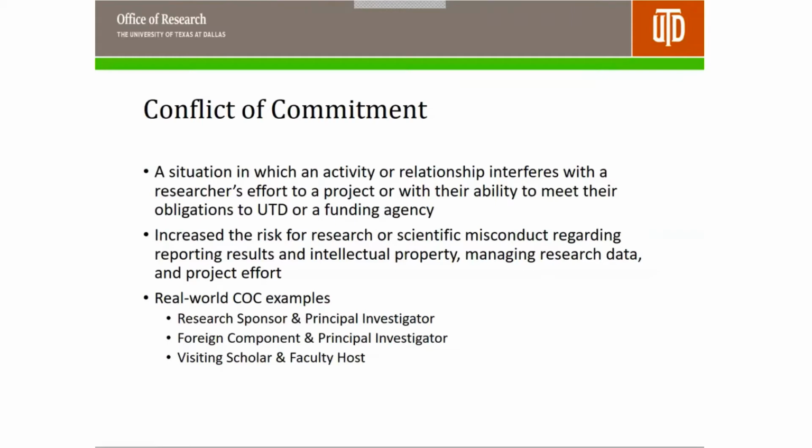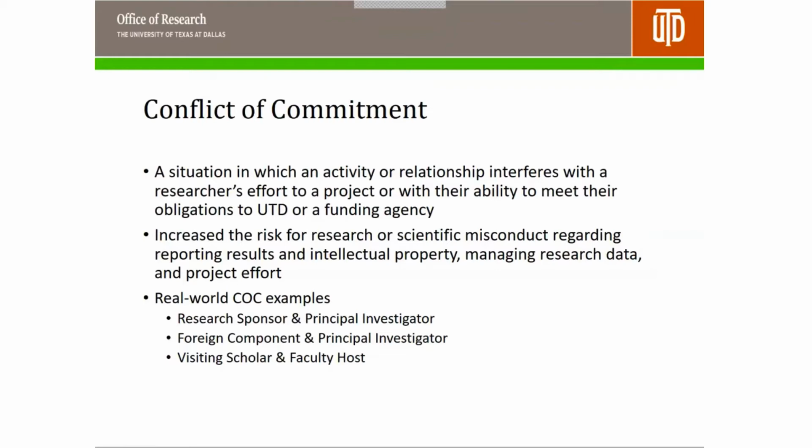It may be that our PI, who has responsibilities to the NIH along with UTD, has an appointment at this institution that facilitates the research that occurs there and overlaps with or contributes to the NIH-funded project.